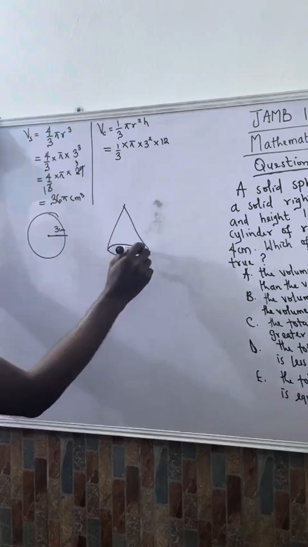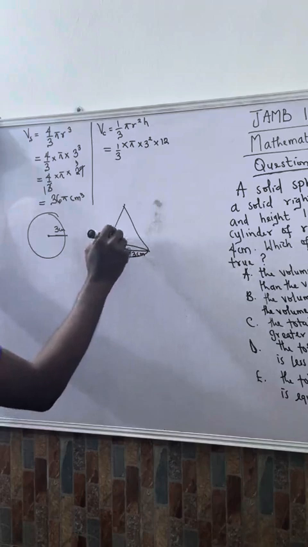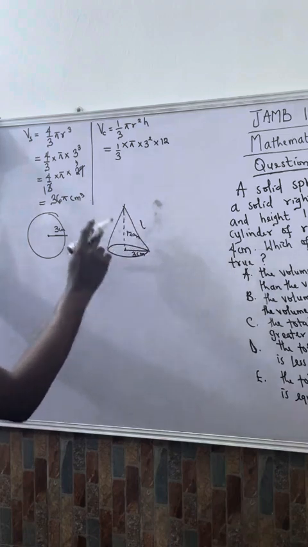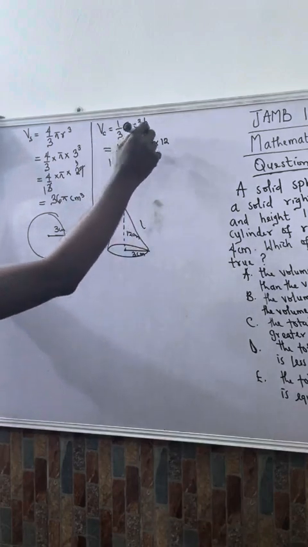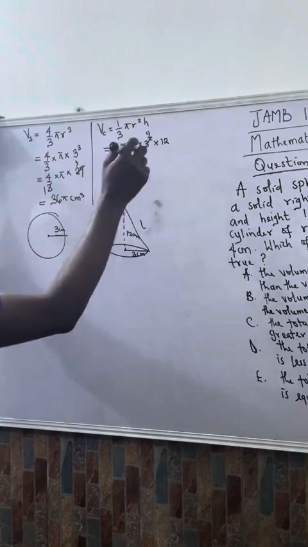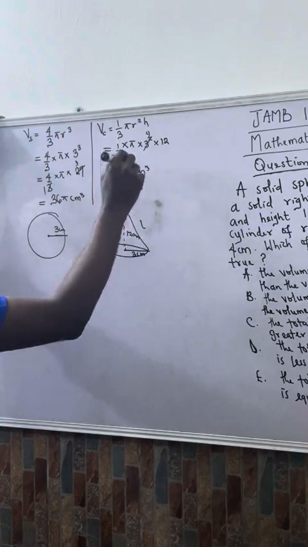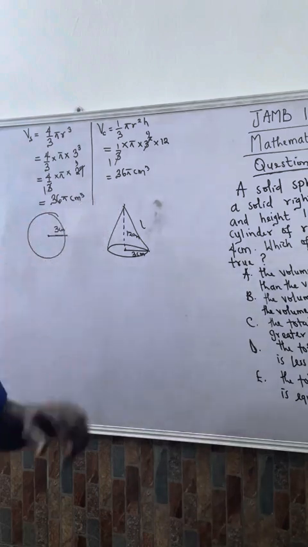Although there is another height, known as the slant height, we might need it later. The 3 cancels with 9 to give 3, and 3 times 12 gives 36 pi centimeter cube. So both the cone and the sphere have the same volume.